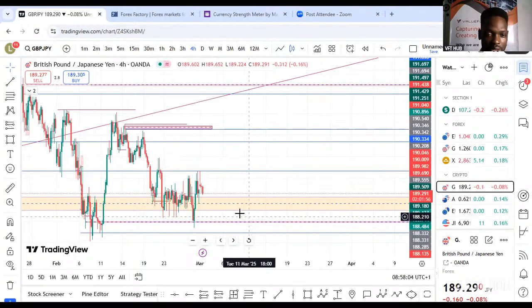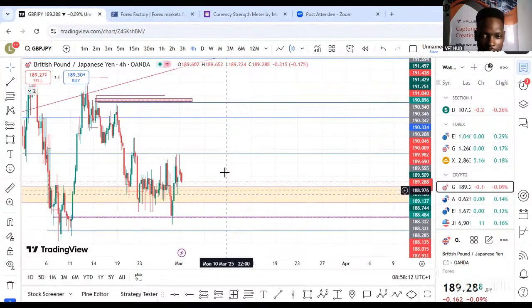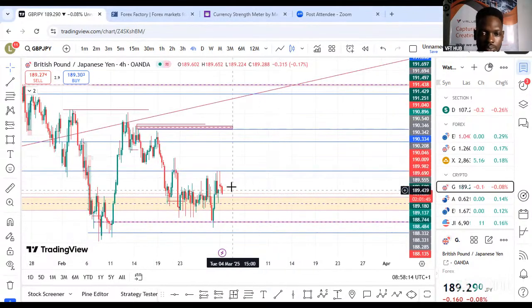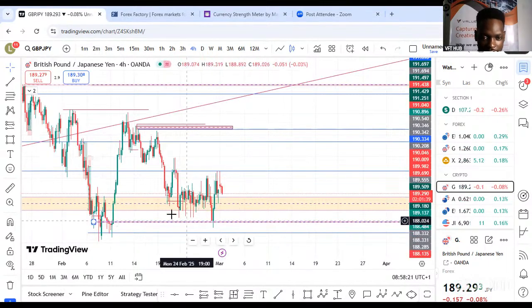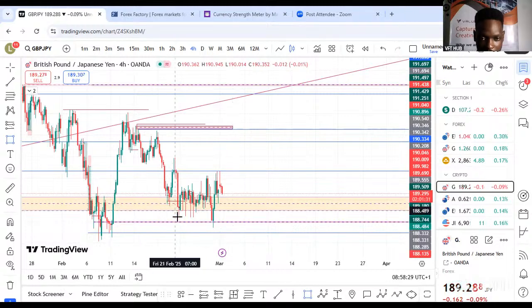But this week, what we are expecting for GBP is this: because we are expecting the yen basket to go long into the daily fair value gap, then we should expect GBP to trade all the way back into this shoulder level. You can see after price takes out this liquidity level here, we expect price to still come back again into this level. Now let me mark that level out for us to see.